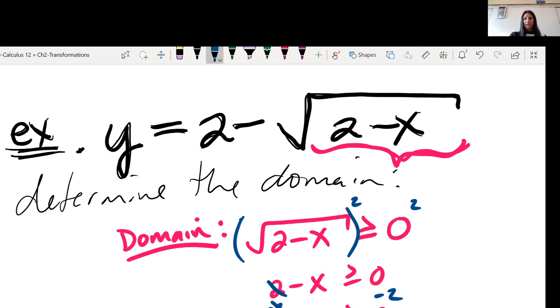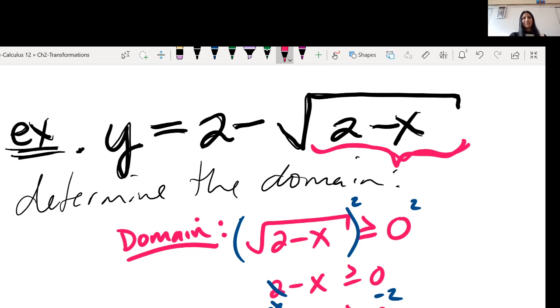We want to make it positive. So I would divide this by negative 1 and divide this by negative 1. So that's gone. But just a reminder, because it's been a while, that when we divide by a negative, it actually flips our sign over. So instead of x is greater than, it flips to make it less than or equal to, and it becomes positive 2. So after all that, this is what our domain would be.